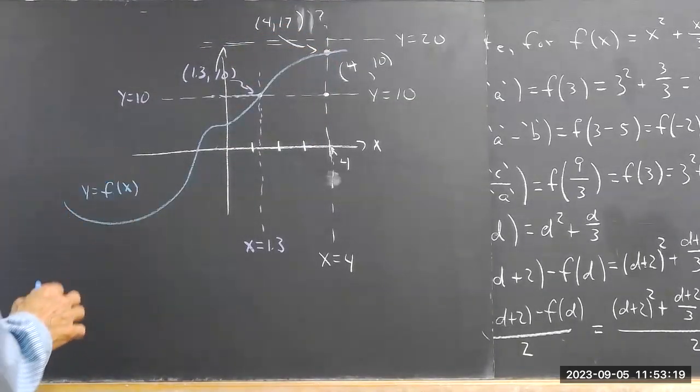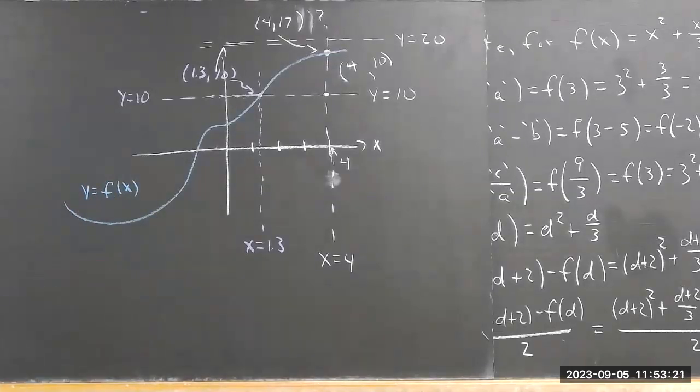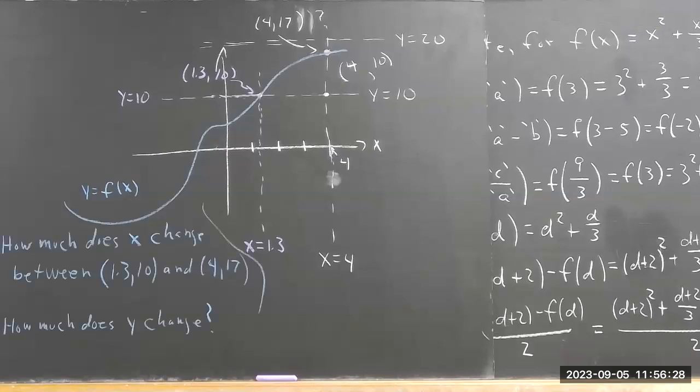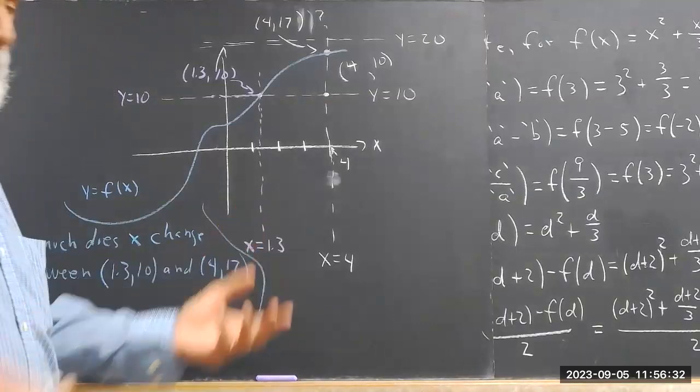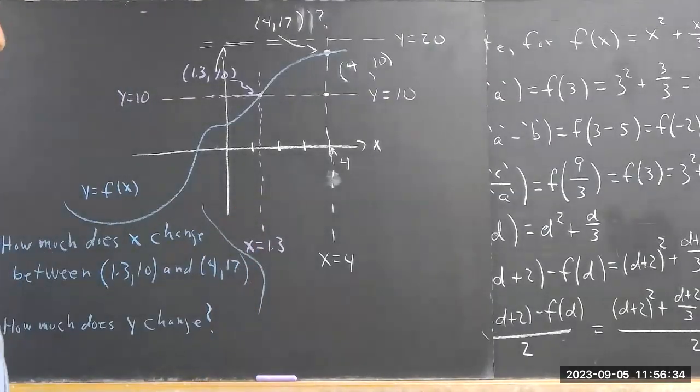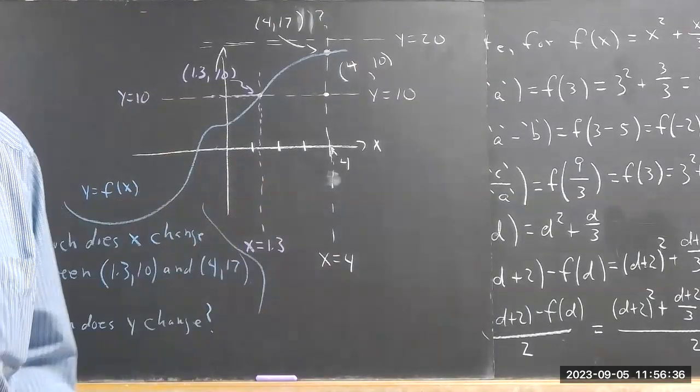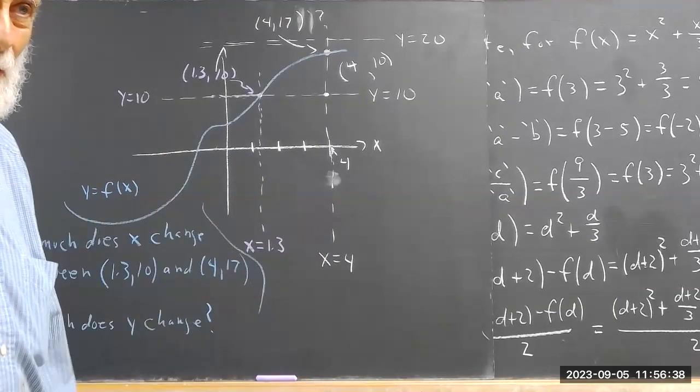I'm going to write the question down, but we'll talk about it a little bit. See if you can write out an expression that tells me how much x changes between those points. Some people have a little trouble processing this. Some people already obviously know the definition of rate of change because they've done it in their class or because they knew it already.